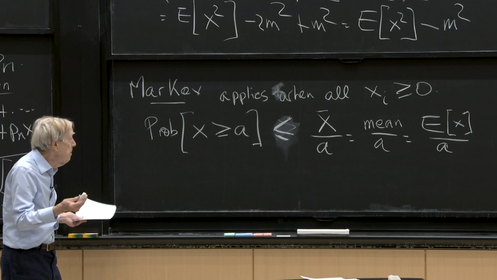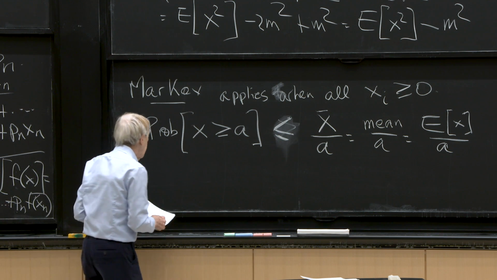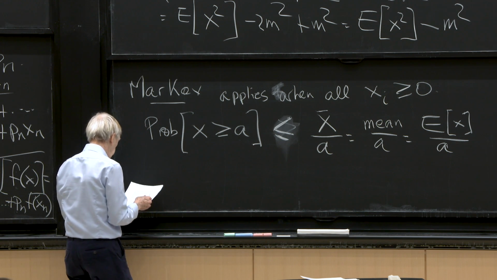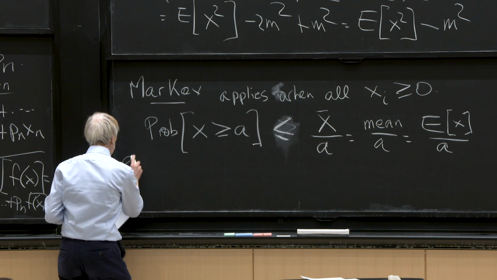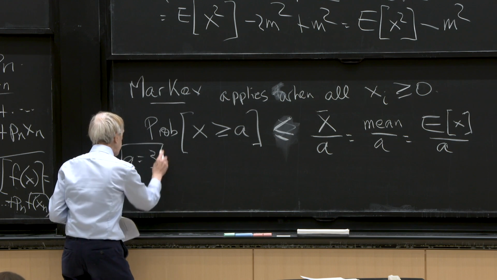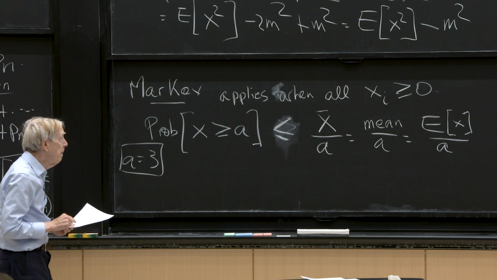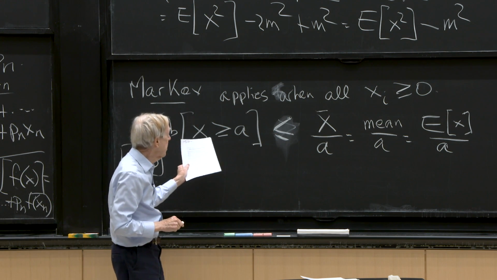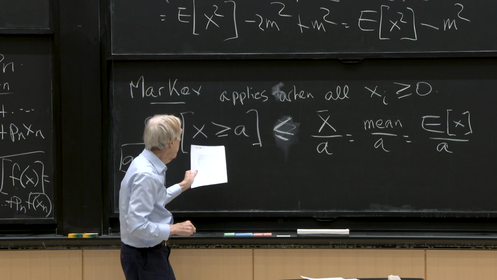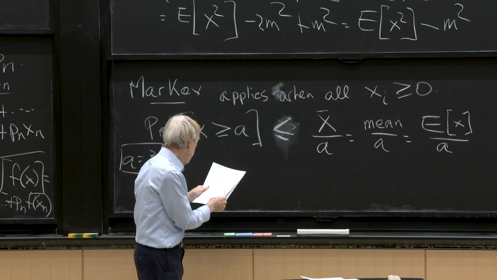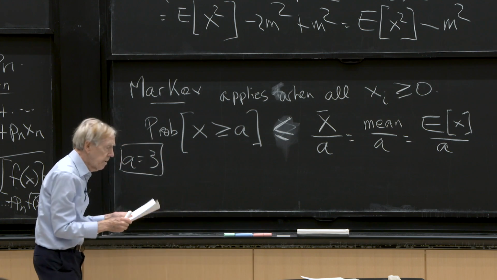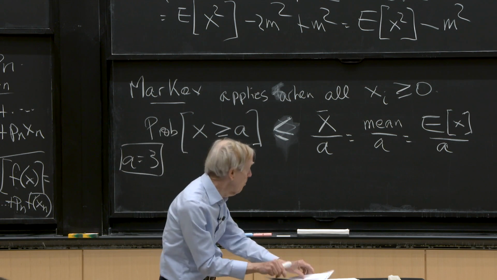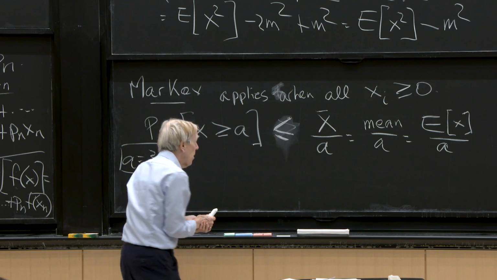Okay, so let me take an example as a equals 3. Suppose a was 3. I want to show that the probability of x being greater than or equal to 3, okay, we don't have many facts to work with.